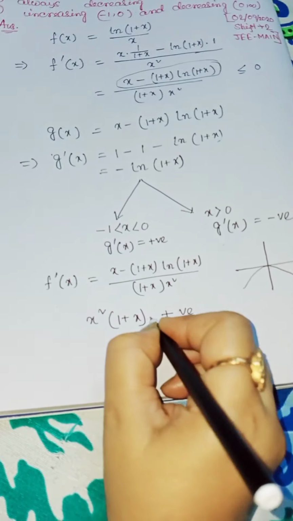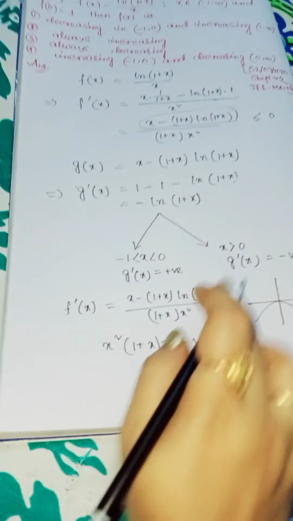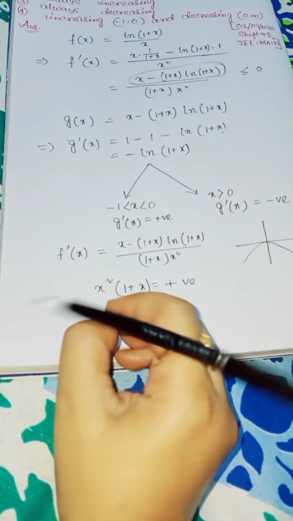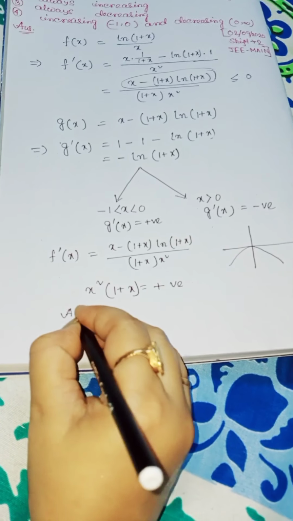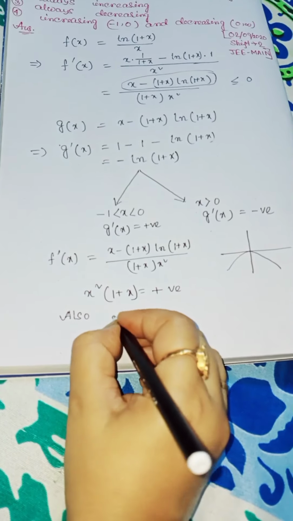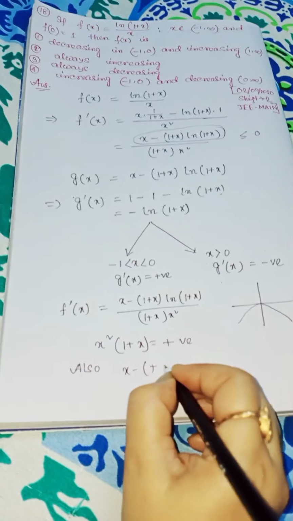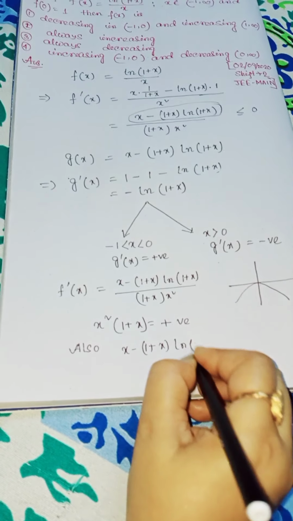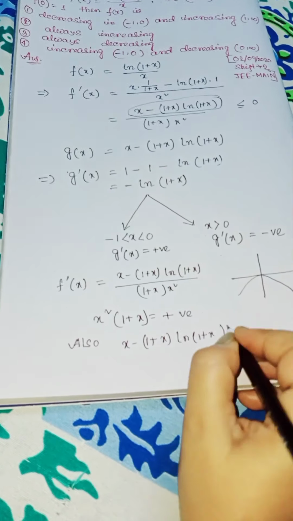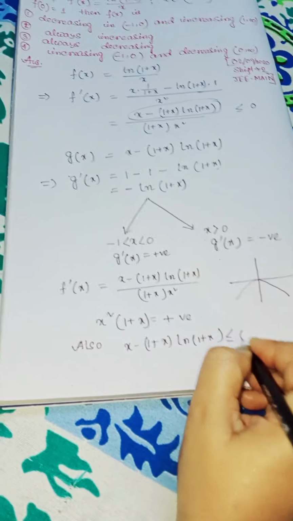And the numerator x minus (1 + x) ln(1 + x) is also less than or equal to 0.